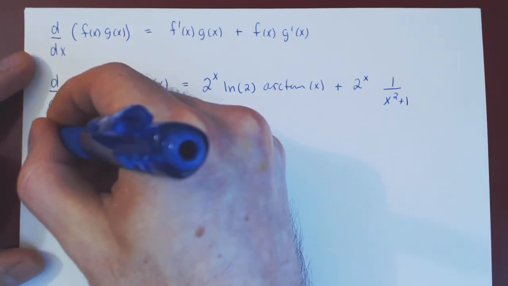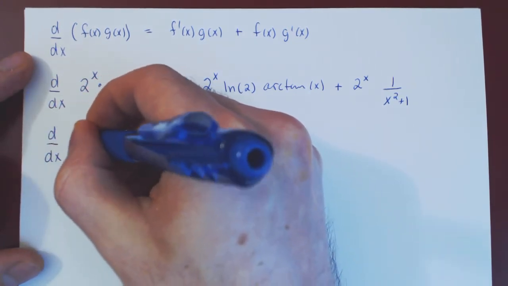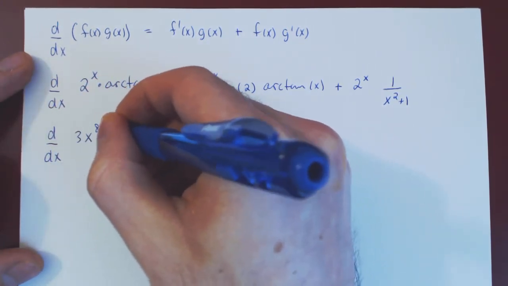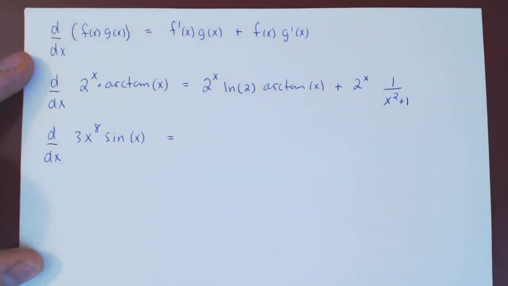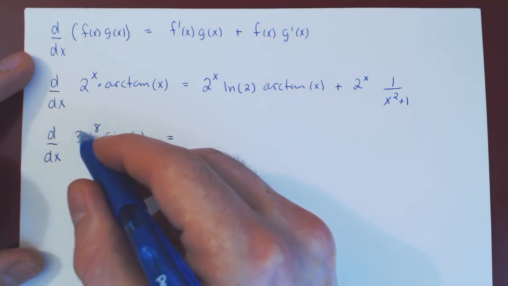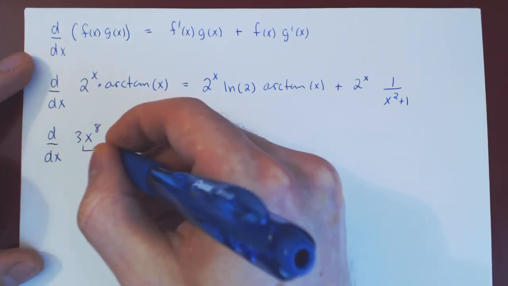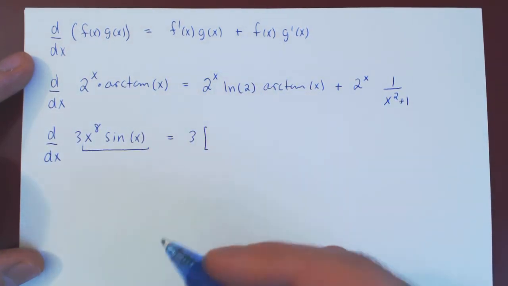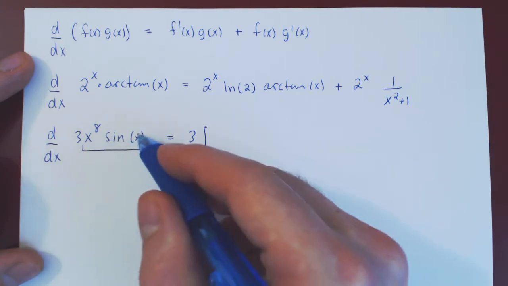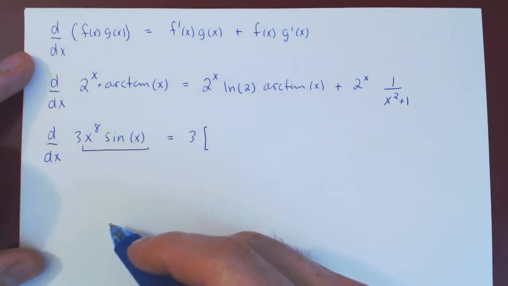We could look at the derivative with respect to x again of 3 x to the 8th sine of x. Now the idea here is not to drag the 3 in the differentiation, as 3 is a constant multiple of the whole function of x. It will stay up front as a constant multiple, so we think of the derivative of 3 times this function as really just 3 times the derivative of this function.